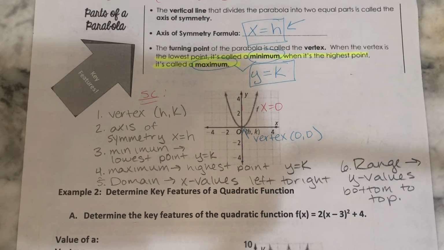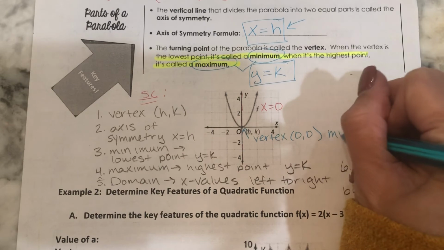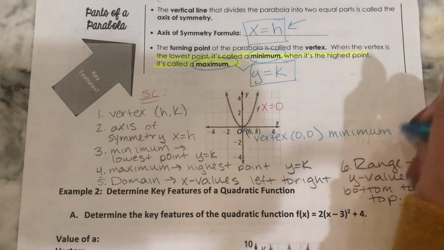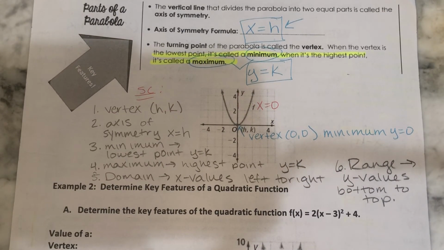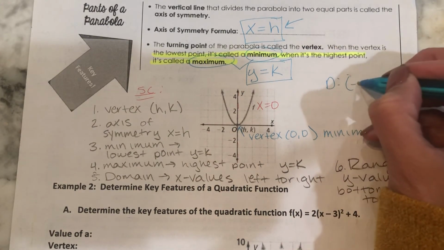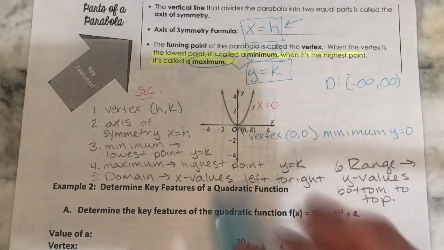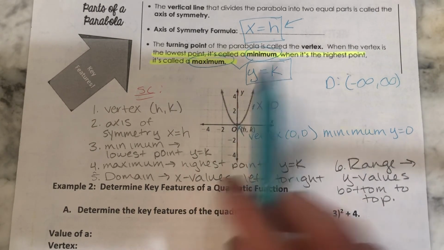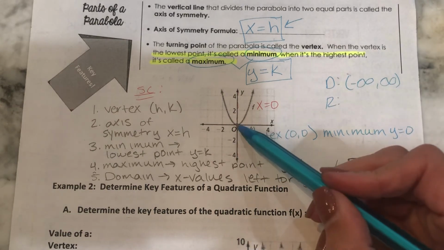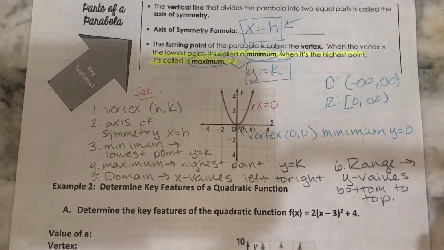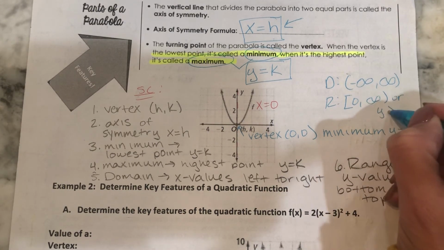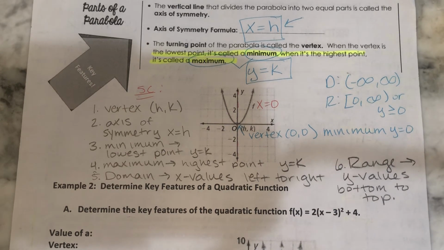And that's also the minimum, at y equals 0. And what else? We need the domain: negative infinity to infinity. And then the range, 0 to infinity, or I could say y is greater than or equal to 0. Okay, that would be for the parent function.